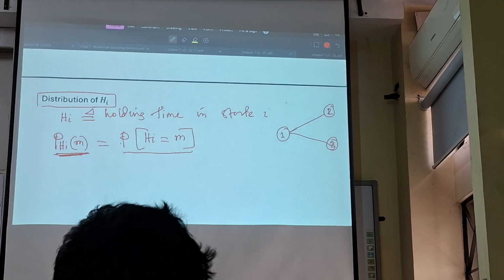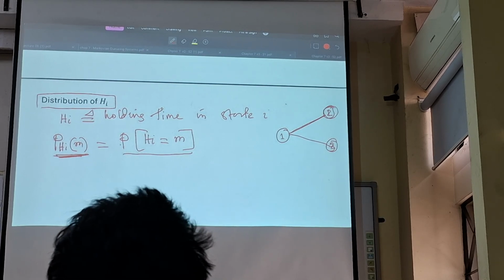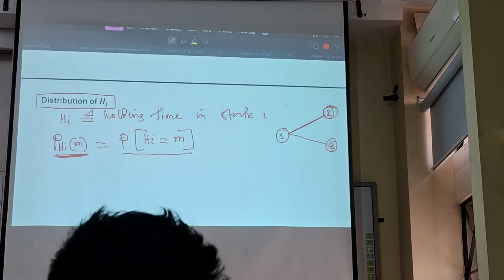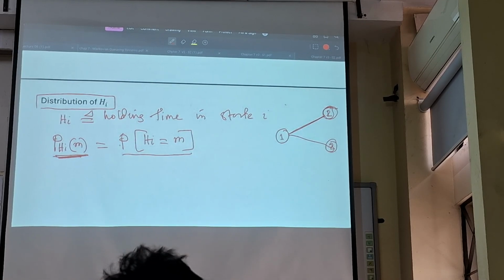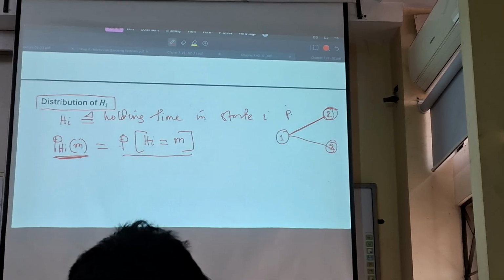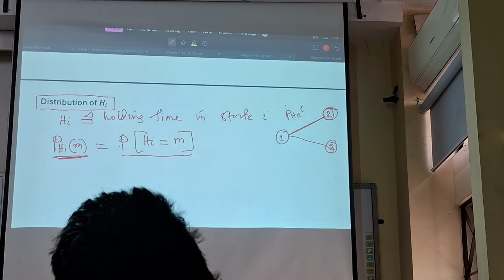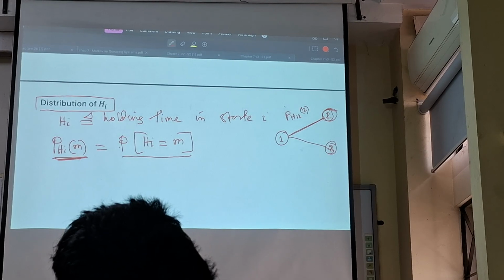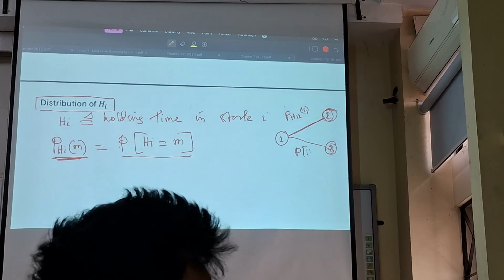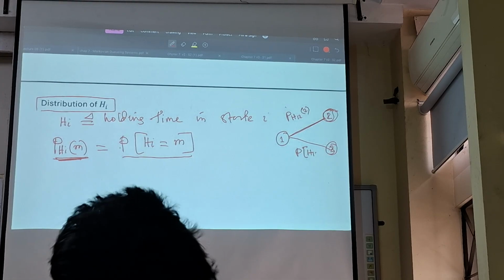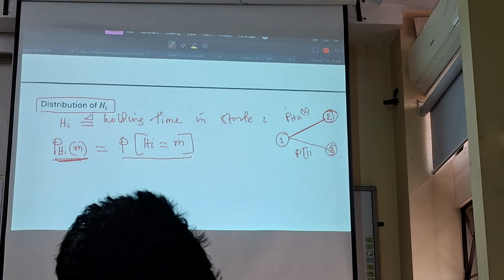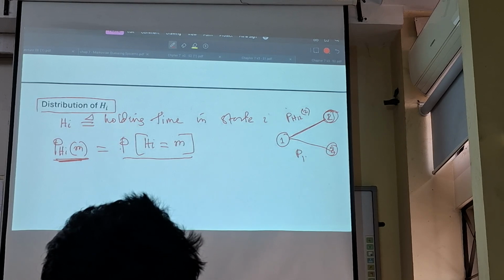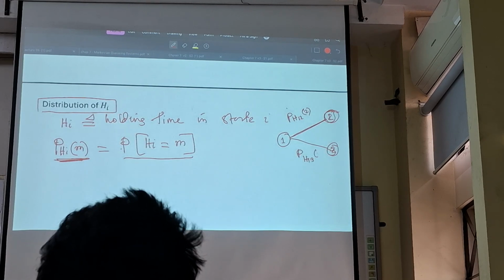Now, when you go to state 2, what is the probability that the holding time is, say, m? It is H_12 equal to m. And then when you move from 1 to 3, the probability that the holding time is m is H_13.